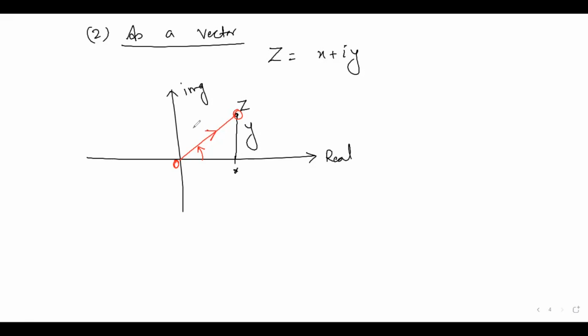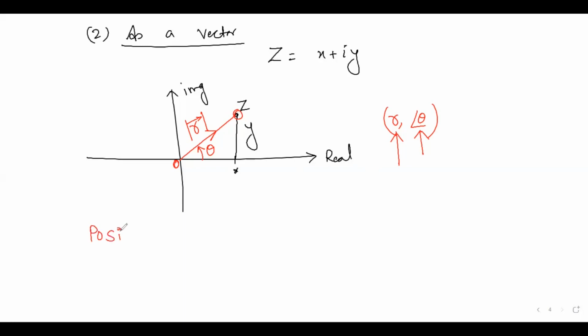What we need to represent this is the length of this vector, let us suppose this is the vector r, and this angle theta. So this can be represented as r at the angle of theta. What is r? r is the length of the vector, and theta is the angle with the x-axis, or you can say the slope.